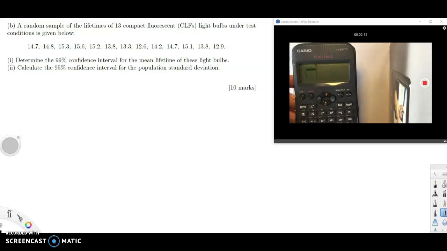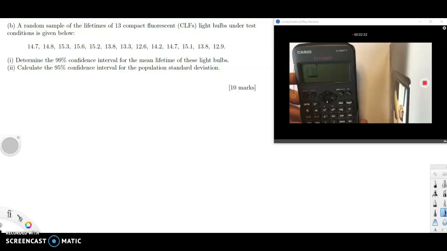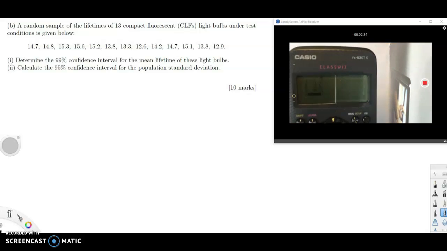So now we're going to enter, and I'm just going to go 14.7 equals, and down along like that. 14.8 equals, and so on. 15.3. Next up is, what's next up? I don't know if you can see that a bit better.